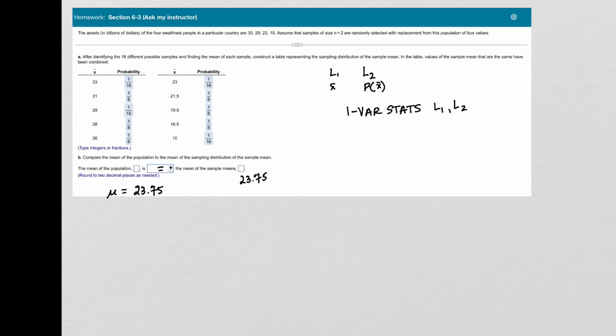So if I do that, then we get X bar is 23.75 for the mean of the sample means. But I don't really have to do that because I know the mean is a good estimator.